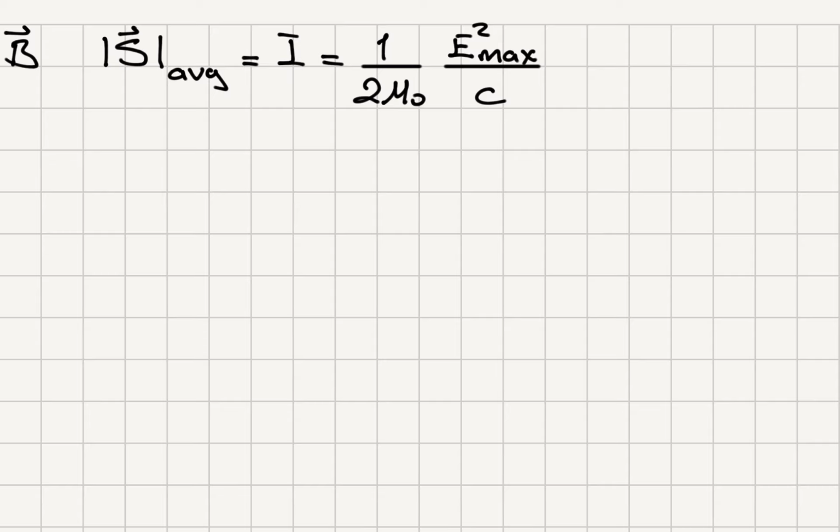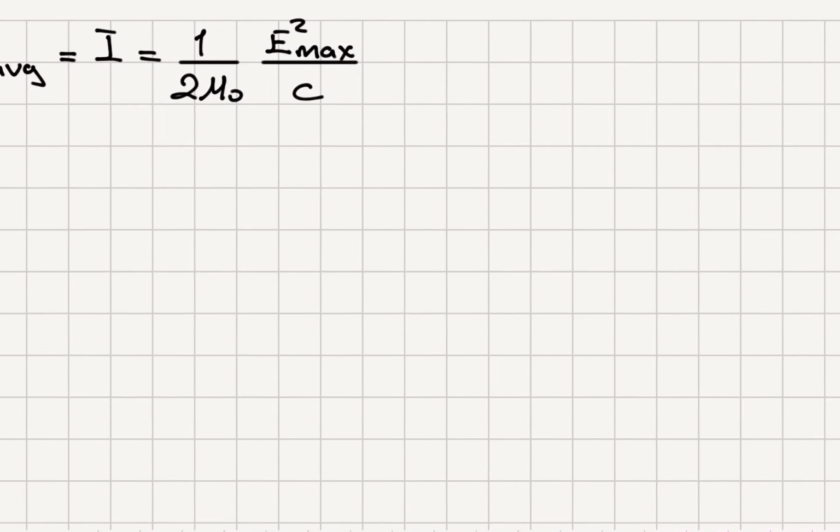So E max squared over 2 is the time averaged value of E squared. So we have the time averaged value of E is E max over square root 2.